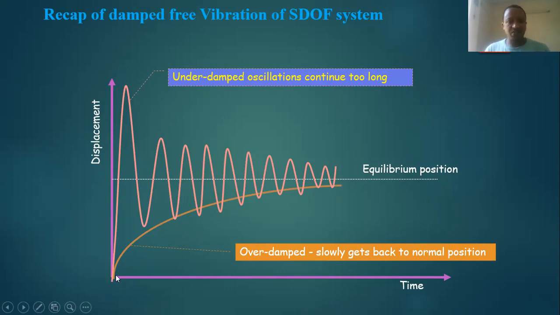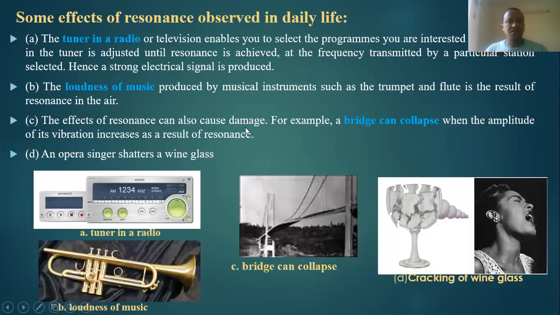So this is the graph of the overdamped condition. And this is also the graph of the critically damped condition, where the zeta value is equal to 1. In the case of zeta equal to 1, it goes like this, but will not repeat the vibration. The repetition is not there in the case of critically damped and overdamped, but this repetition happens only in the case of underdamped vibration.